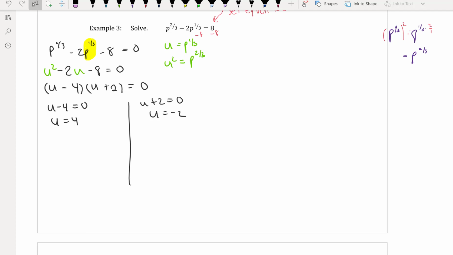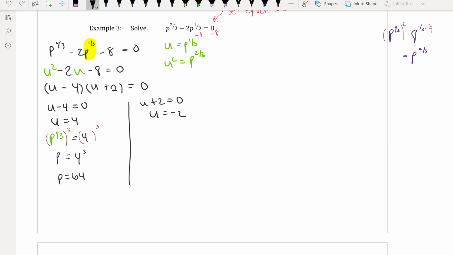So if I do my back substitution, remember that that u value was equal to p to the 1/3. And that's equal to a 4. So if I want to get rid of that 1/3, I'm going to multiply it to the 3rd power. So now I'm going to have that p is equal to 4 to the 3rd power. And 4 to the 3rd power is 64.